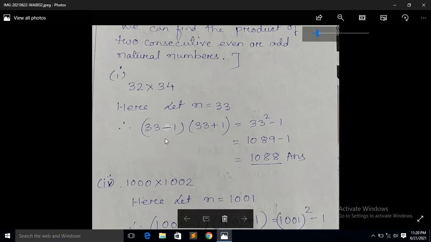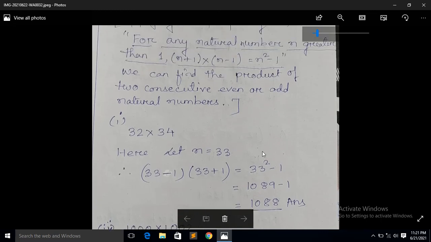Isn't it? So as we know, a minus b into a plus b is equal to a square minus b square. So a square is how much? 33 square, and minus 1 square, which is always 1. So what will be the formula? Let us have a look at the formula again. N square minus 1. So remember here, n will be the middle number of these two numbers.